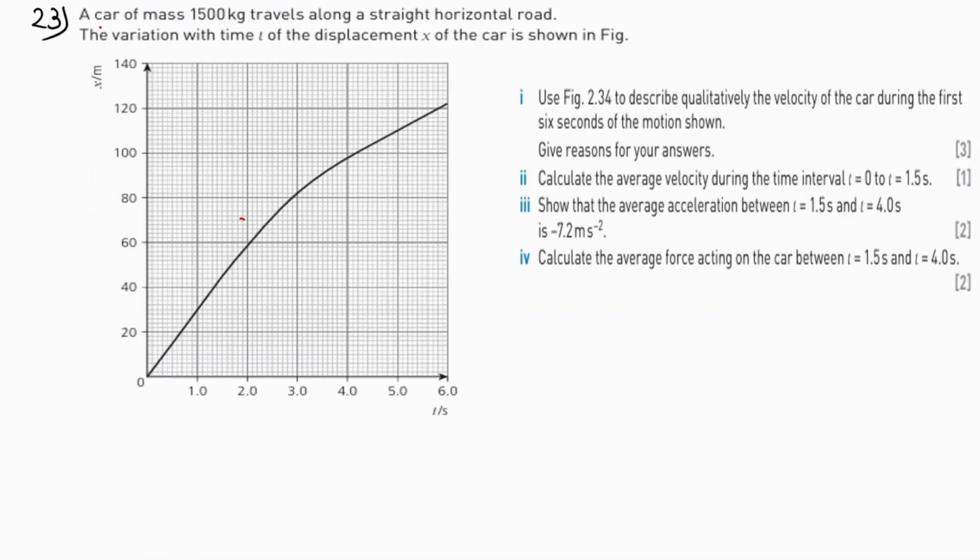Number 23 says a car of mass 1500 kilograms travels along a straight horizontal road. So it is a car going along a straight horizontal road. The variation with time of the displacement x of this car is shown in the figure.